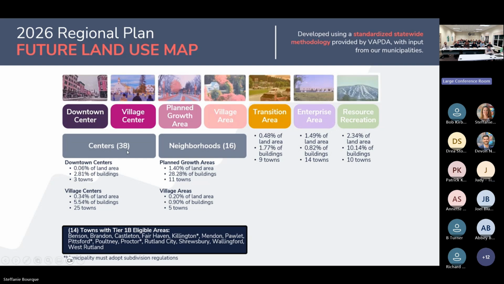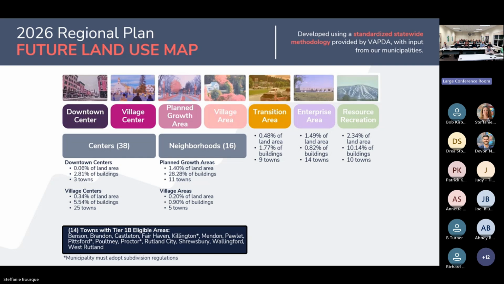We're currently proposing a total of 38 centers across the region, which is a combination of areas that are mapped as a downtown center or a village center. I've got some statistics here in terms of the percent of the land area and the number of buildings and the number of towns in which those land use categories are mapped, but I'm going to gloss over that.